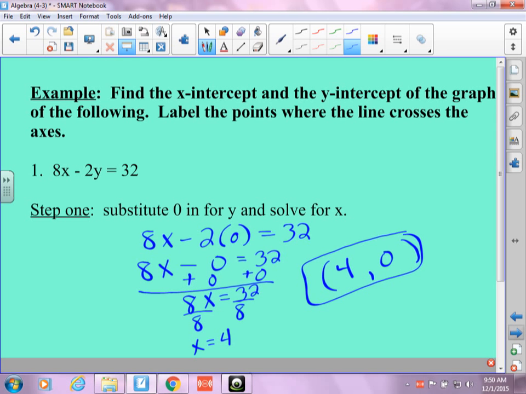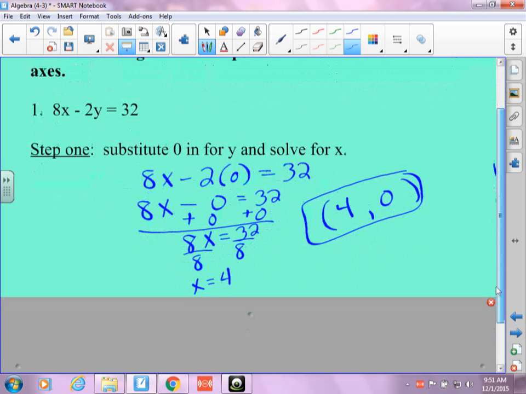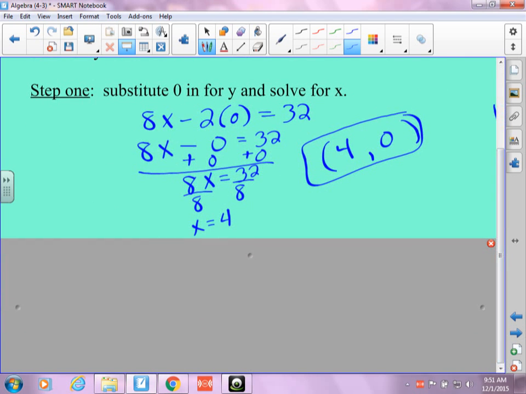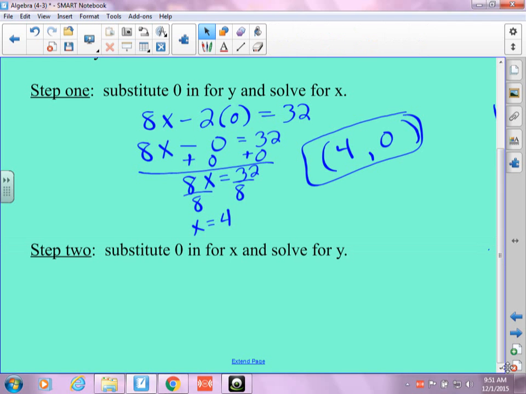It's really easy. Kids usually, when you've got really yucky equations that have lots of decimals and fractions and you got to graph it, or really big numbers, this is a foolproof way of graphing it. It's really easy. All right, let's go down then to the next direction. It says we're going to substitute 0 in for x and solve for y.